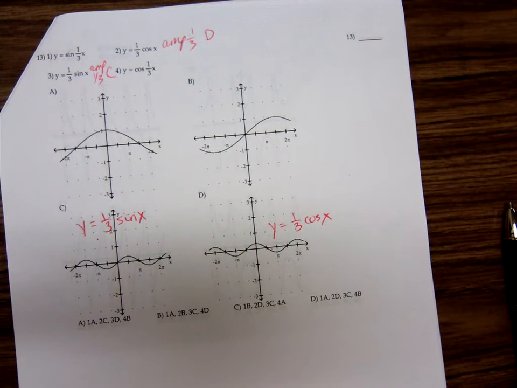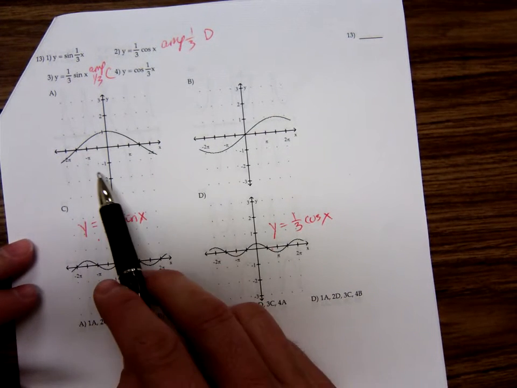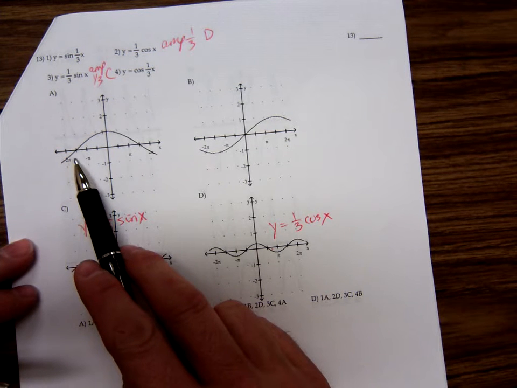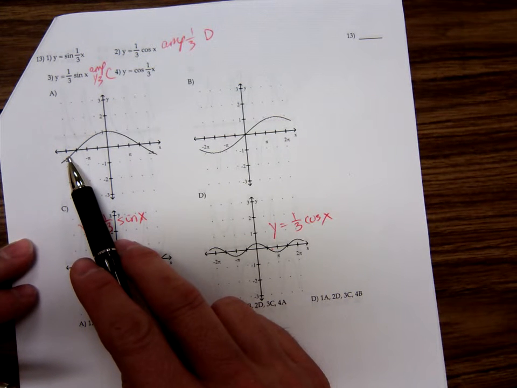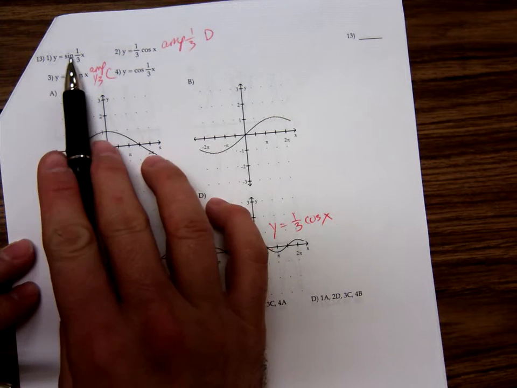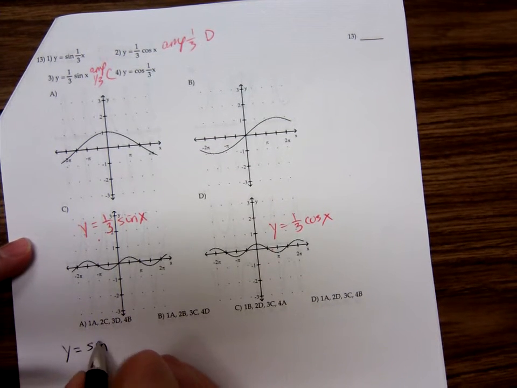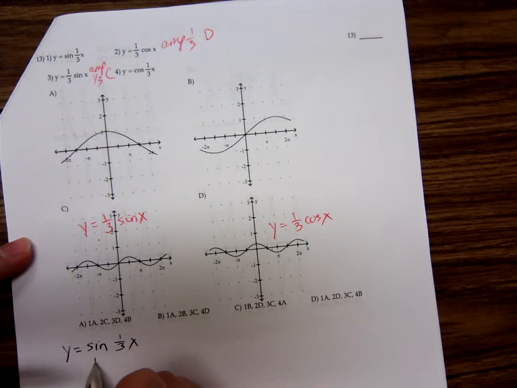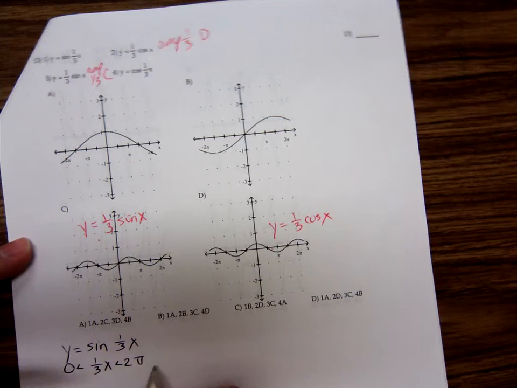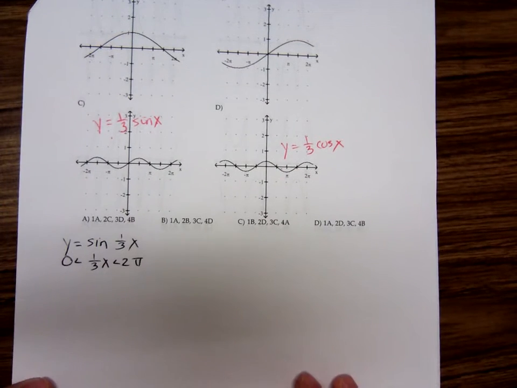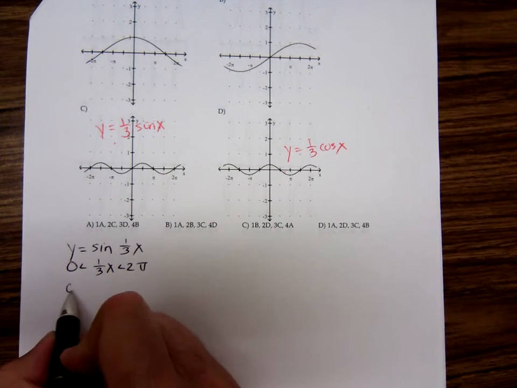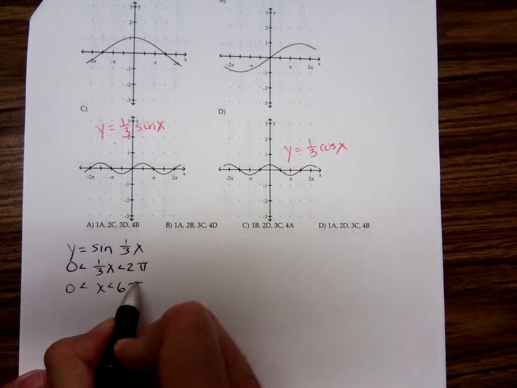The y equals sine 1/3 x. Well, for some reason, they're not showing the whole curve, but that's good enough. If we just think of the graph of y equals sine 1/3 x, if you set the 1/3 x between 0 and 2 pi, you can multiply through by 3, and that would get you 0 to 6 pi.